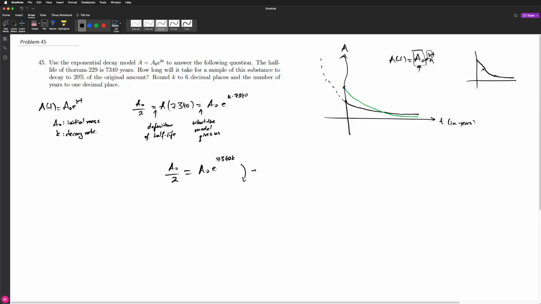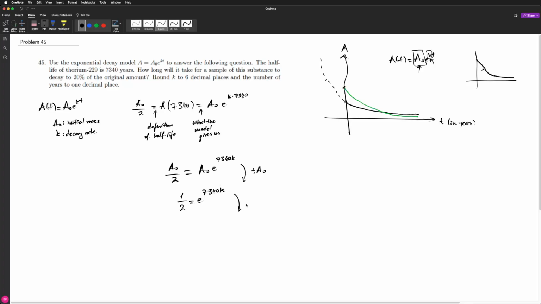One important thing is A0 is on both sides. I can divide both sides by A0, and this condition is independent of A0. Which brings me to 1 over 2 equals e to the 7,340 times k. Now I want to solve for k.